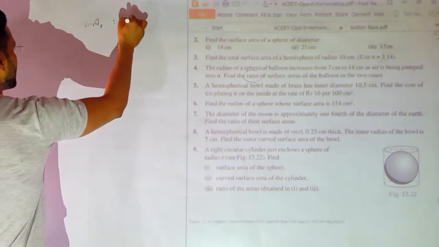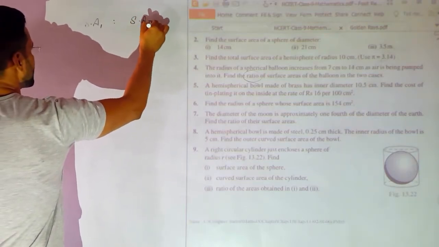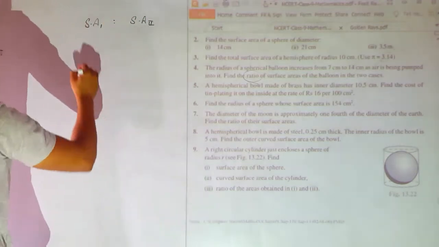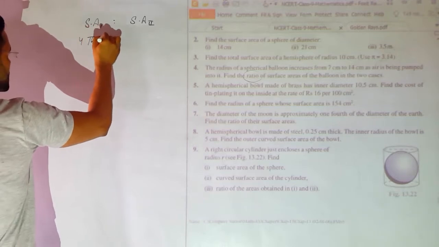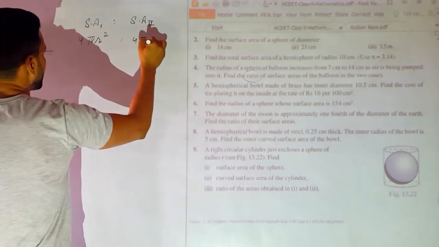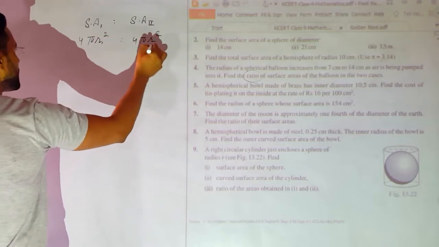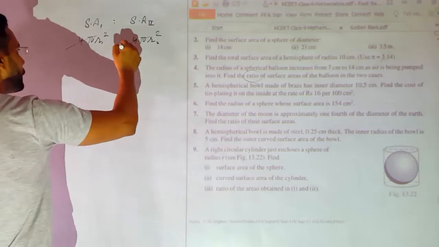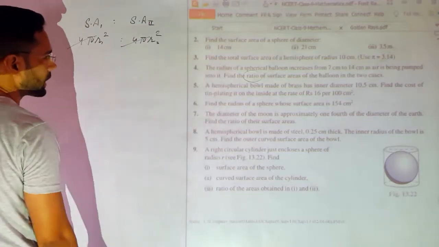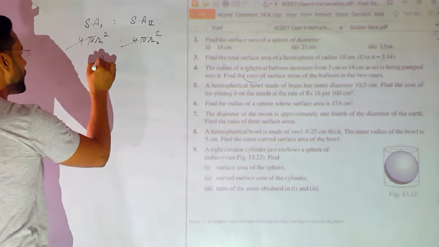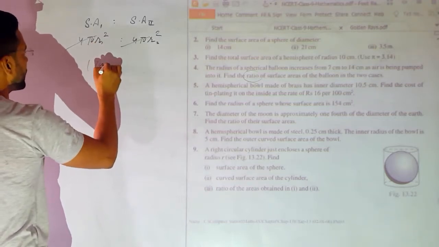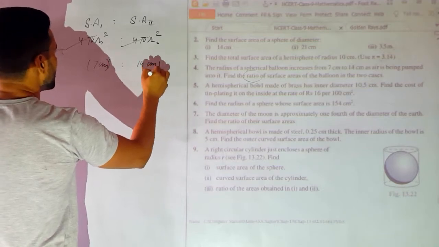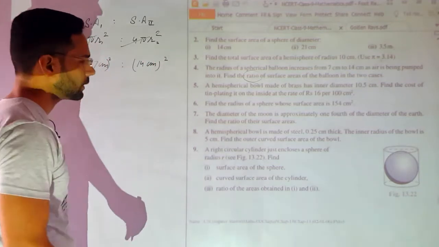Find the ratio of surface area. SA1, SA2, surface area first, surface area second: 4 pi r square and 4 pi r square. First r, second r. 4 pi cancel out. The first r is 7 square, 7 centimeter square, and 14 centimeter whole square.